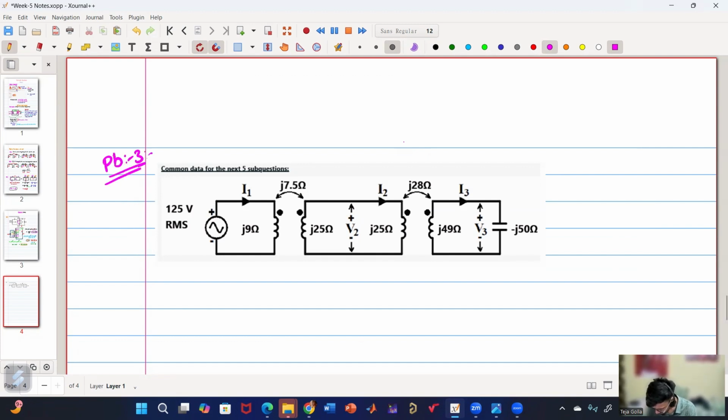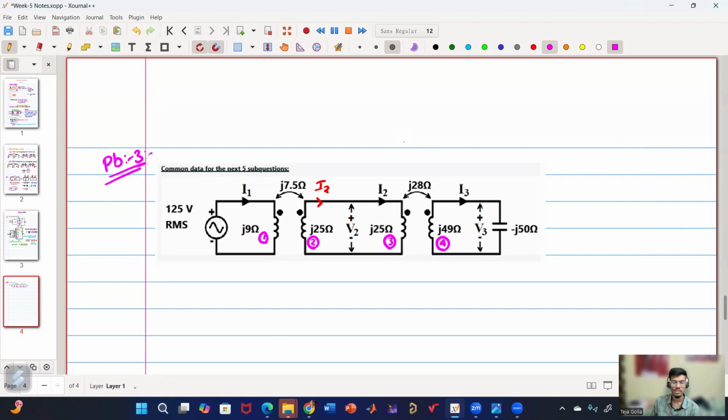They have given the direction of currents. So this is I1, this is I2 and this is I3. So tell me directly: this is coil 1, this is coil 2, this is coil 3, this is coil 4.